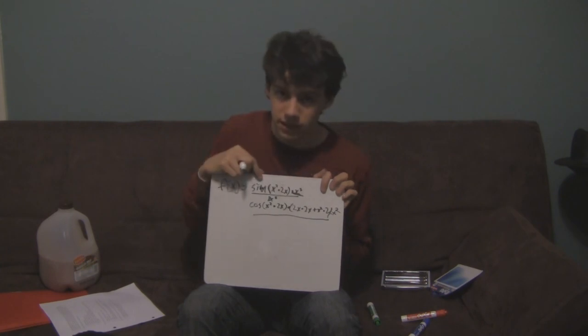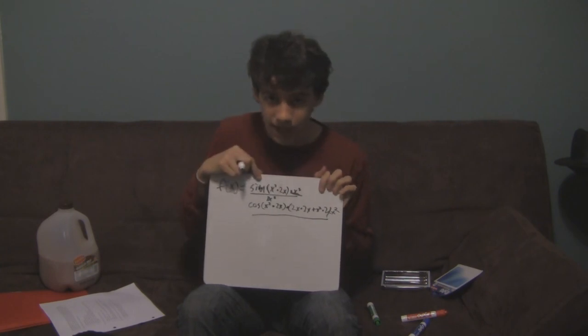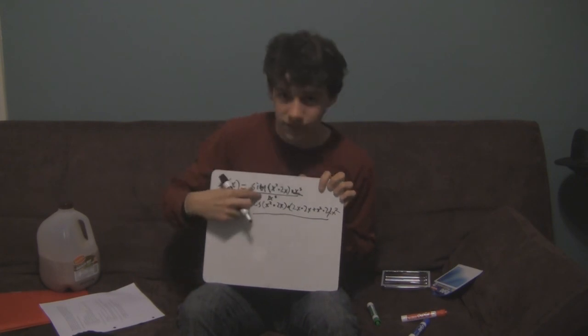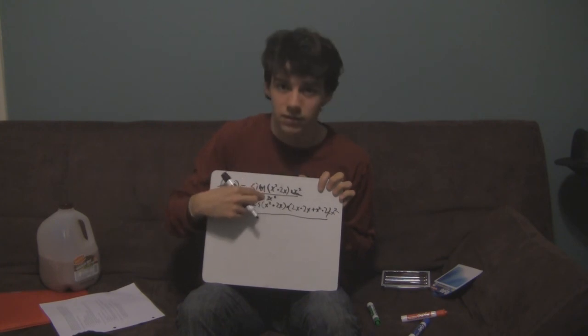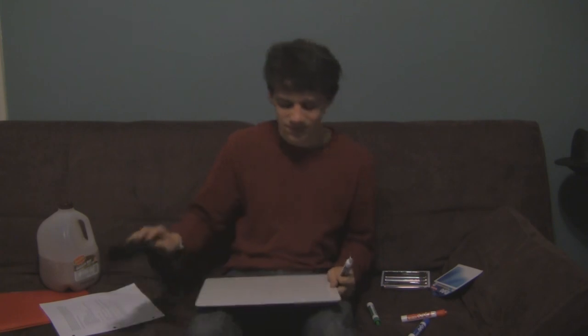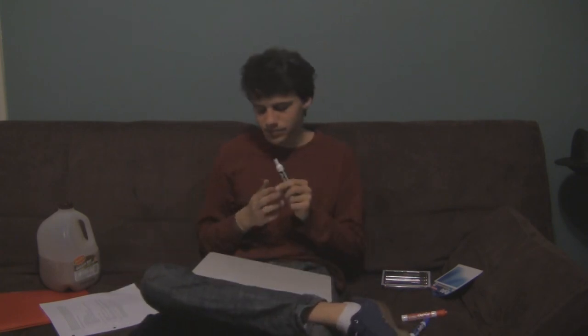So you can see how this can get pretty long. Minus all of this times the derivative of this, over this squared. Yeah, it gets really long though. So I'm not even gonna try to explain it.